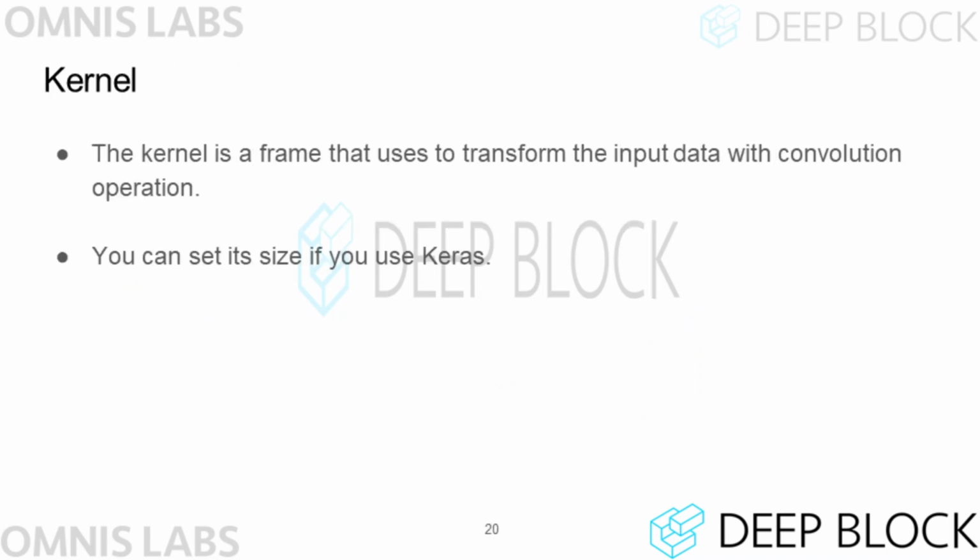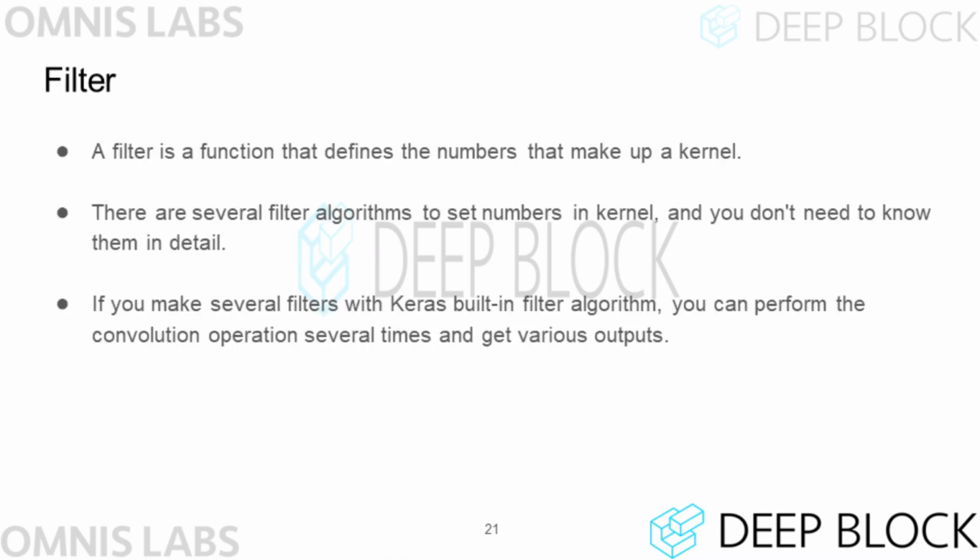A kernel is a matrix used for convolution with the input. If you use Keras, you can specify the size of this matrix as an argument. A filter is a function that defines the numbers that make up the kernel. Although AI researchers have created various filter functions, you do not need to understand these functions mathematically.